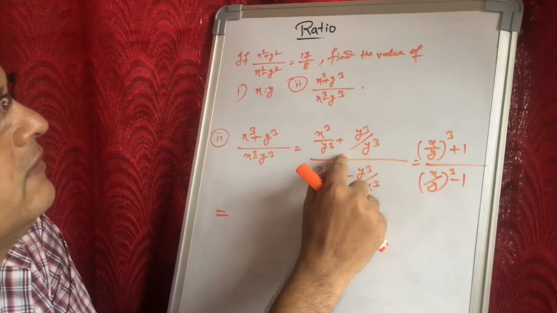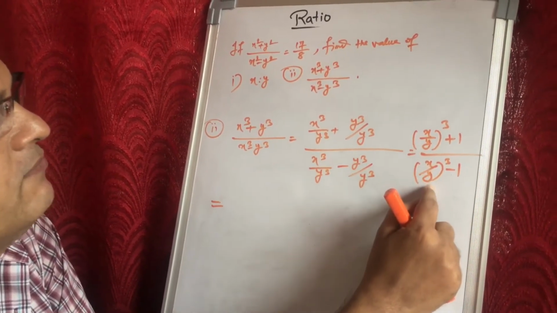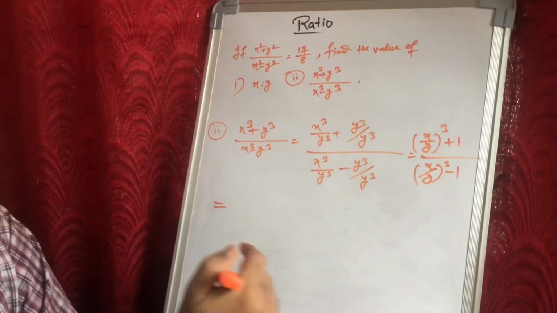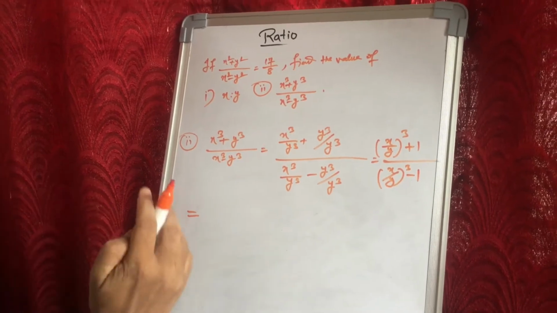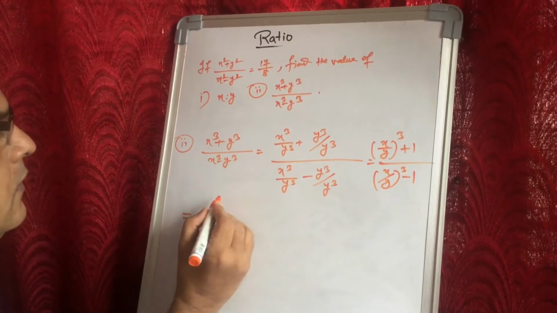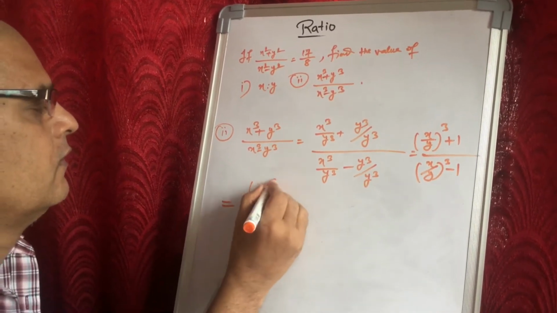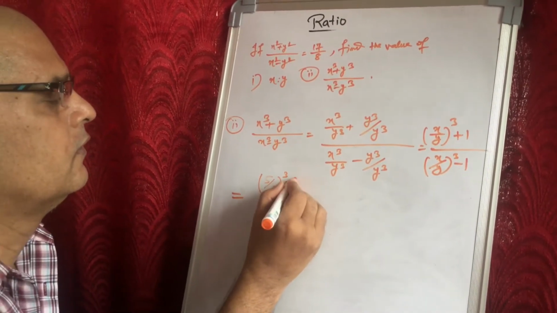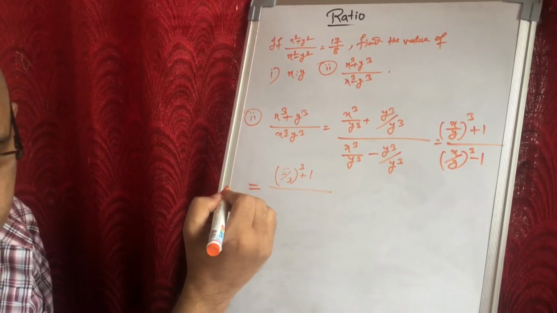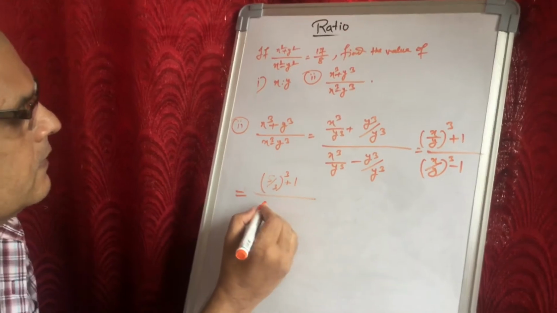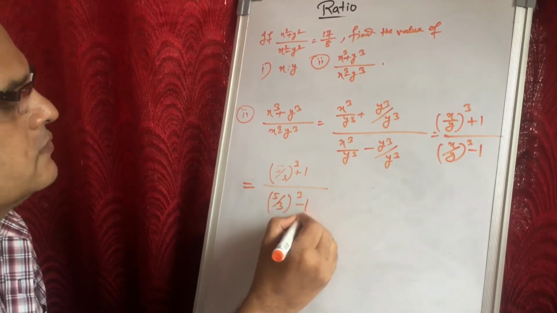So it will be written like this: (x by y) whole cube plus 1, divided by (x by y) whole cube minus 1. Now I have to put the value of x by y, that is 5 by 3, whole cube minus 1.